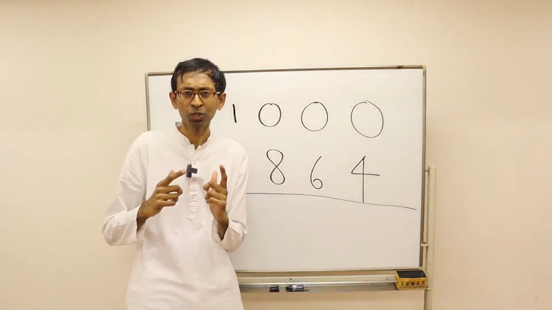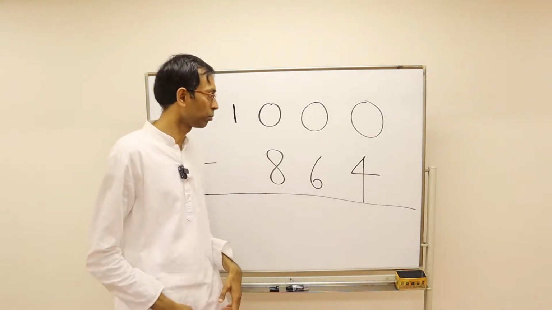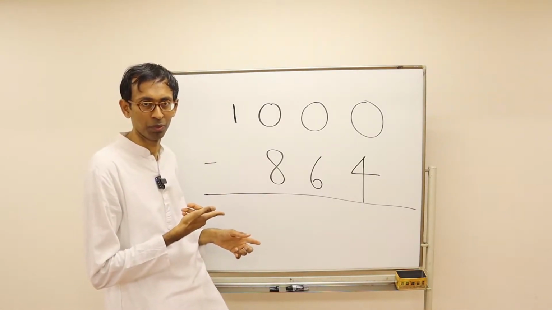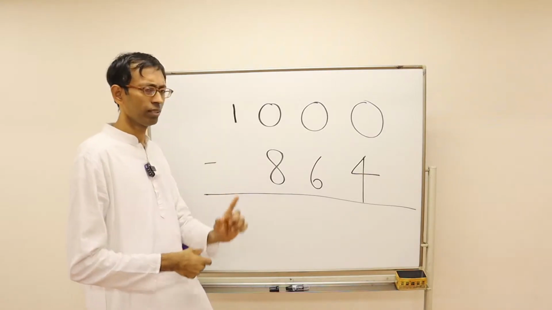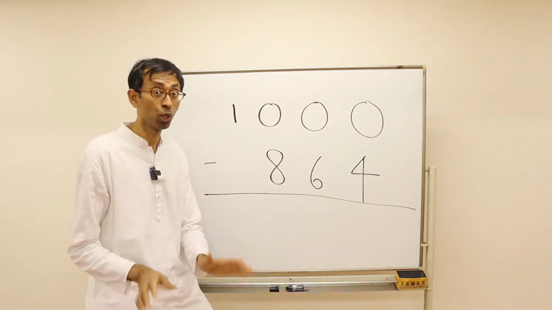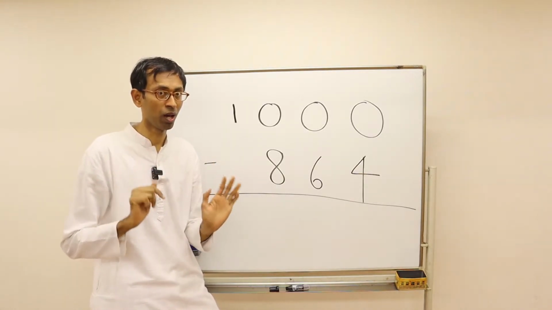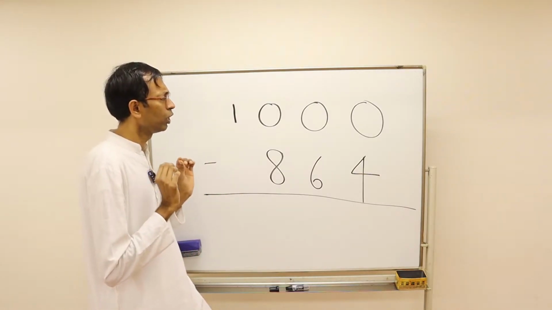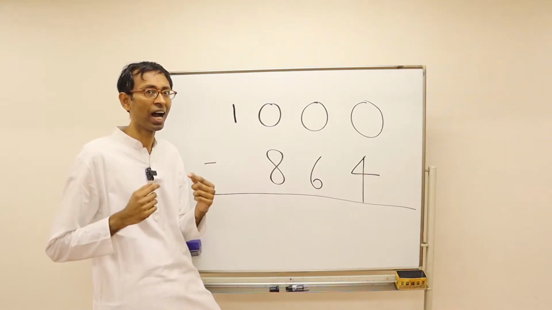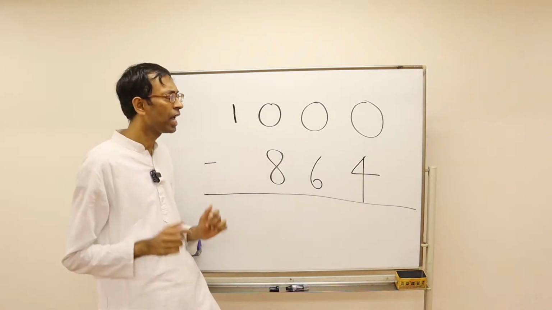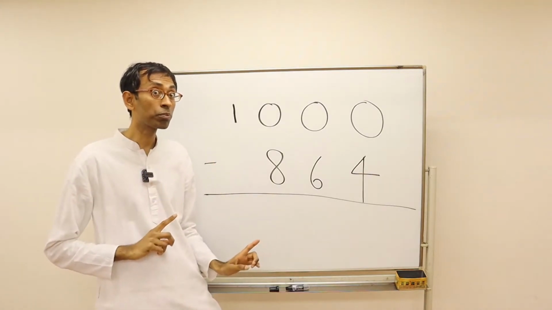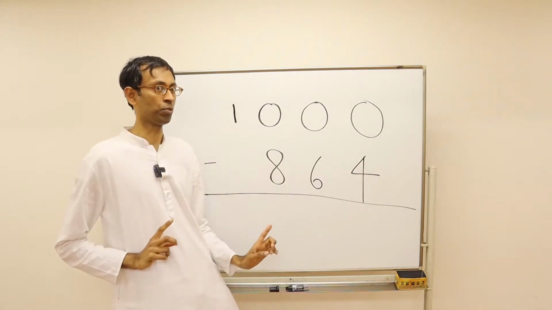Slowly open your eyes. Suppose you have a subtraction problem like this. Okay? Look at this problem. Don't solve this problem. Don't try to solve. Just look at this problem and ask your body if this is a difficult problem or an easy problem.